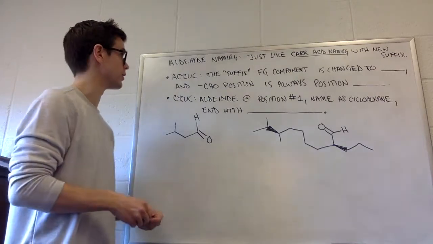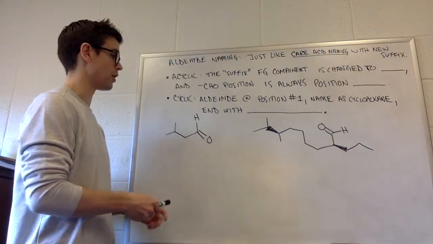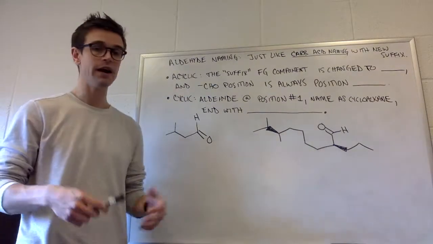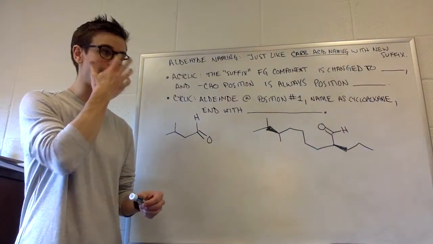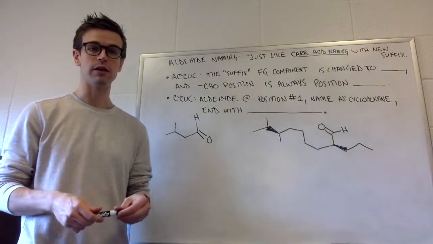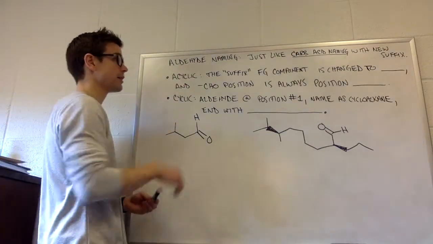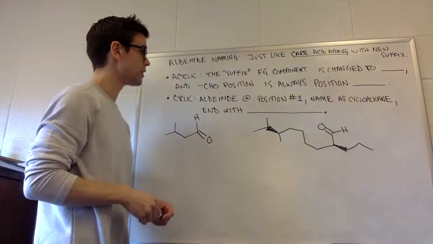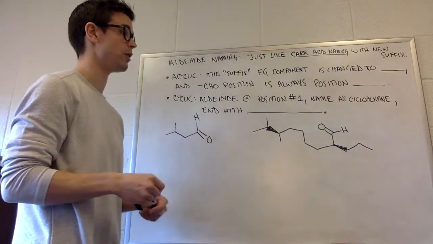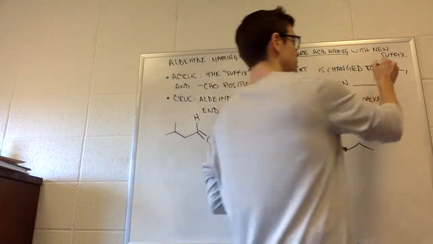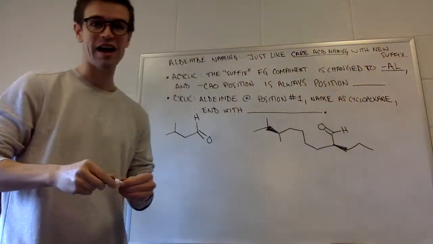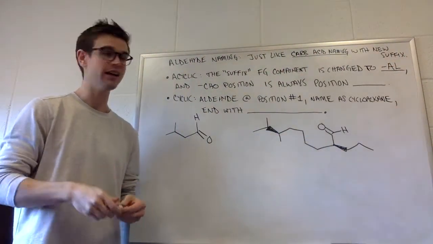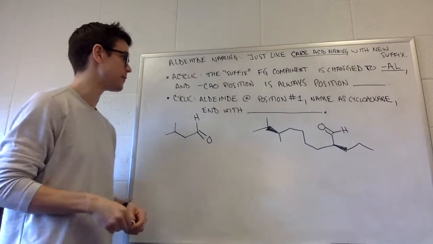So there are acyclic aldehydes and there are cyclic aldehydes, and just like we name them differently as carboxylic acids, we're also going to name them differently with aldehydes. So acyclic: the suffix functional group component is changed to -al, like aldehyde. Al is what the end is going to be.